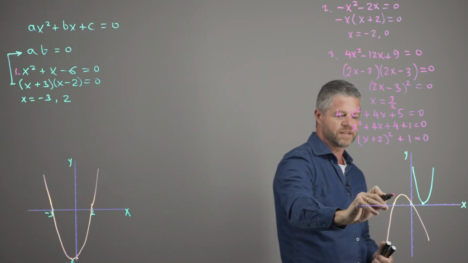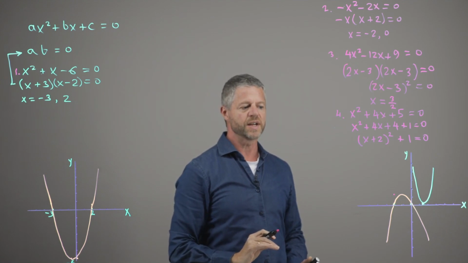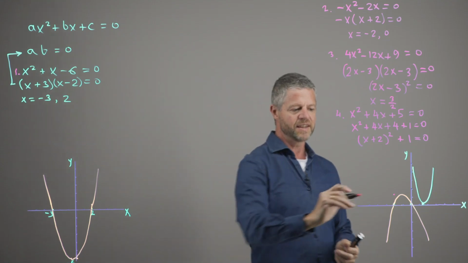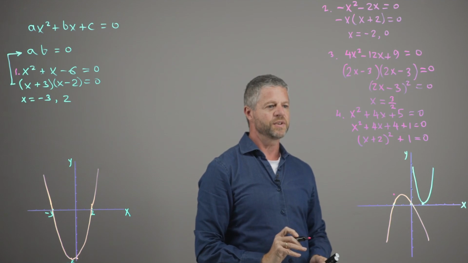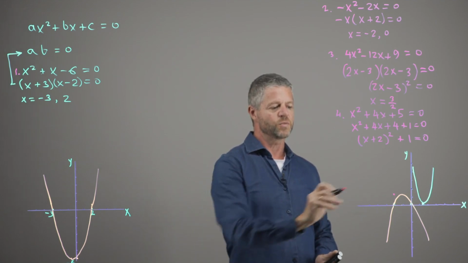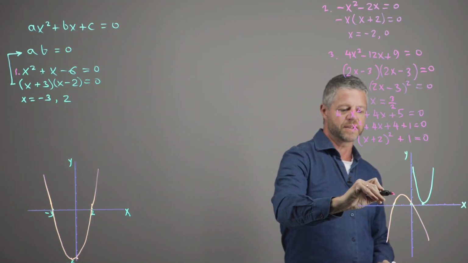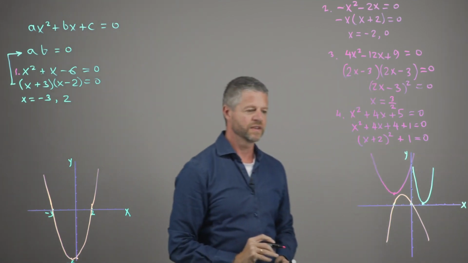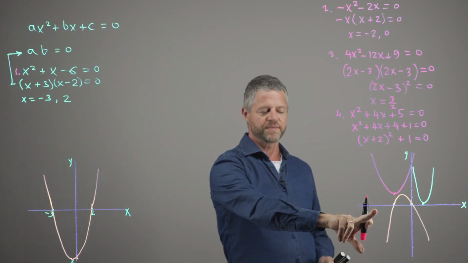So it's got a positive coefficient on the x squared, so it opens up upwards, so it's more like a valley, and it passes through this point here, minus 2 and 1, and it kind of looks like this. Okay, so it doesn't ever cross the horizontal axis.